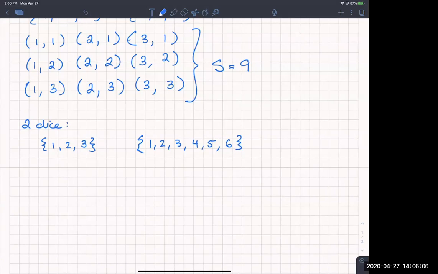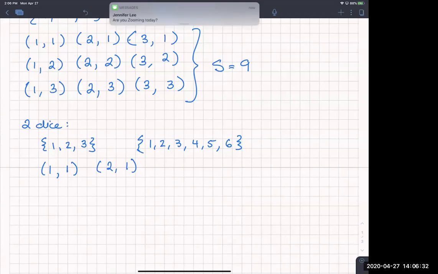Okay, what'd y'all get? Okay, let's do it together. Okay, so the first possibility is 1 on the first die, 1 on the second die. The second possibility is 2 on the first die, 1 on the second die.